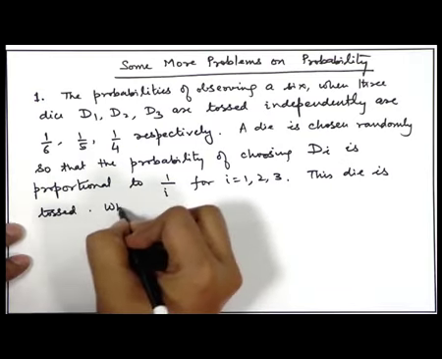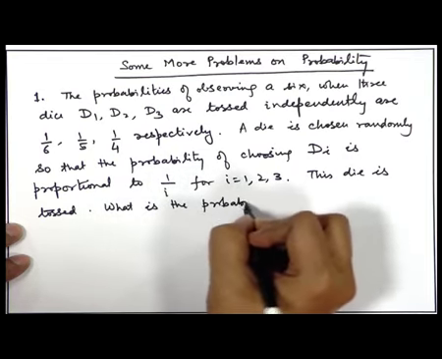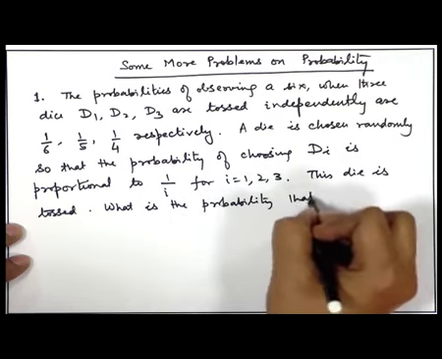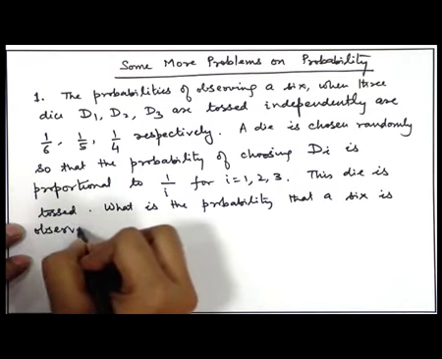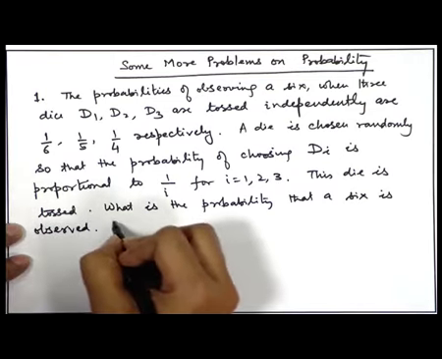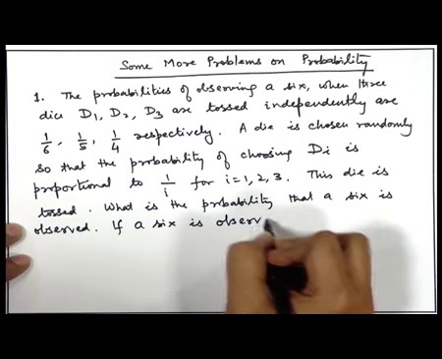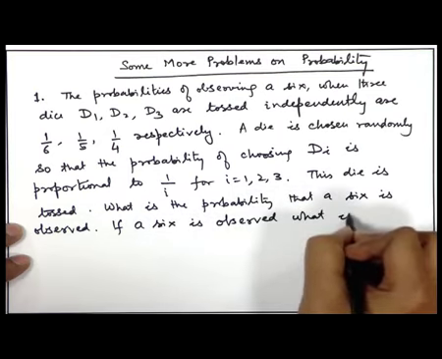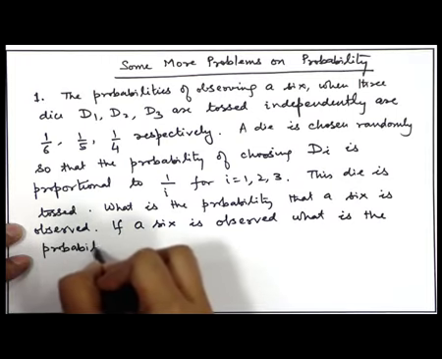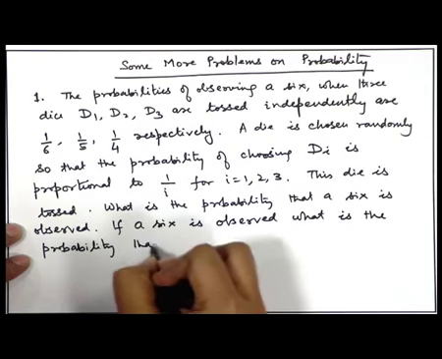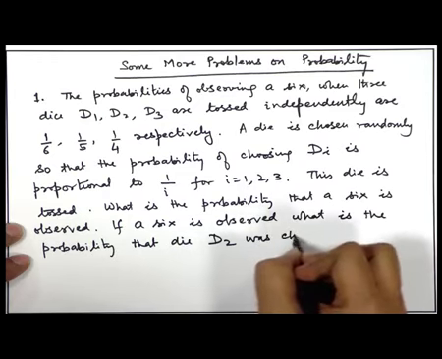What is the probability that a 6 is observed? If a 6 is observed, what is the probability that die D2 was chosen?